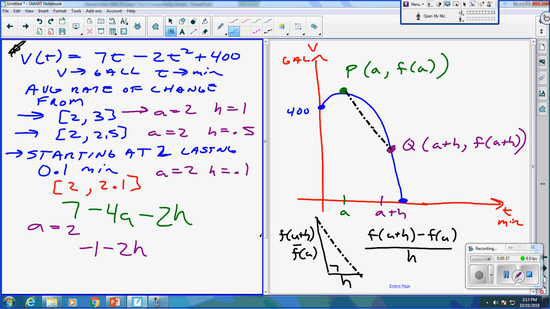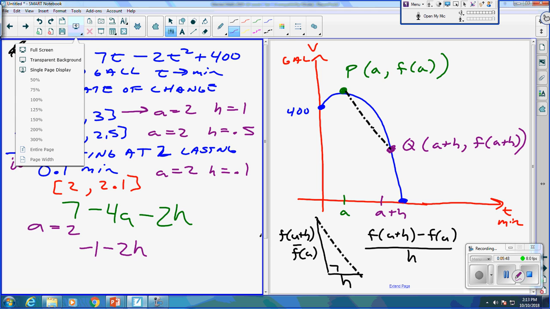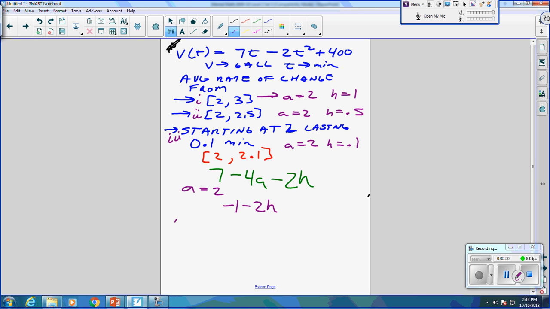Now, here we go. So it's called little i, little ii, and iii. So they have some numbers. Little Roman numeral i, plug in 1 for h right here. Negative 1 minus 2. How about negative 3 gallons per minute?